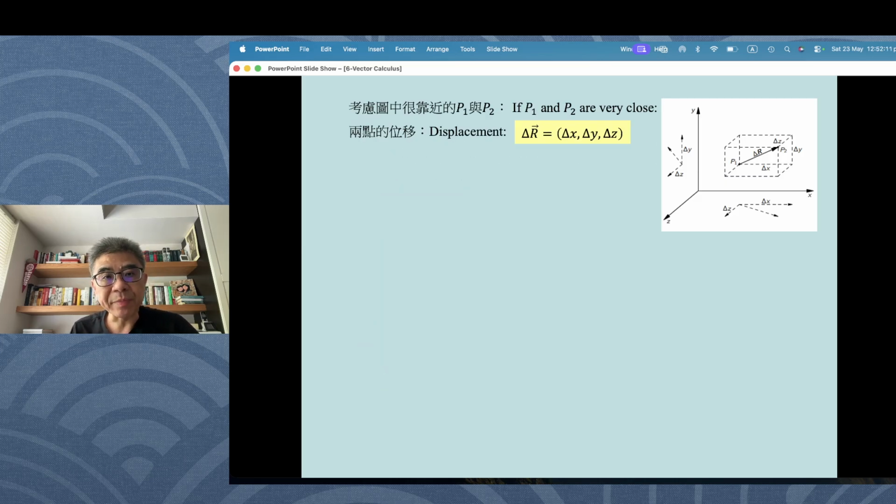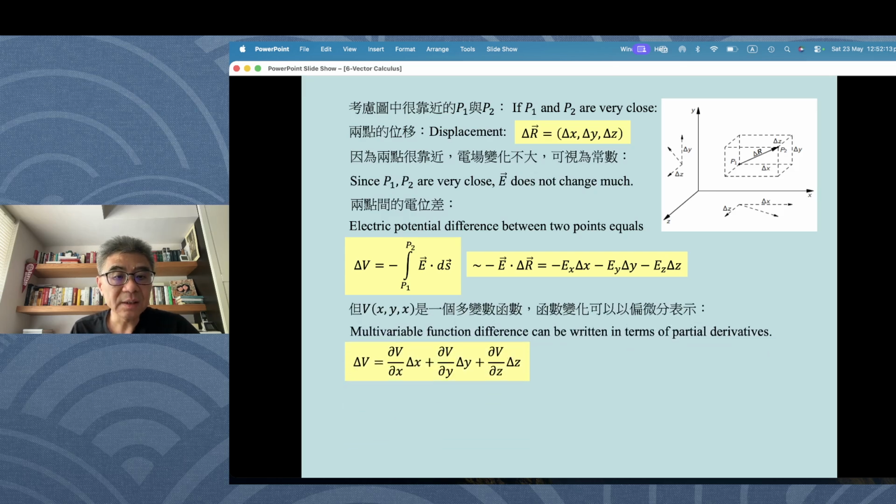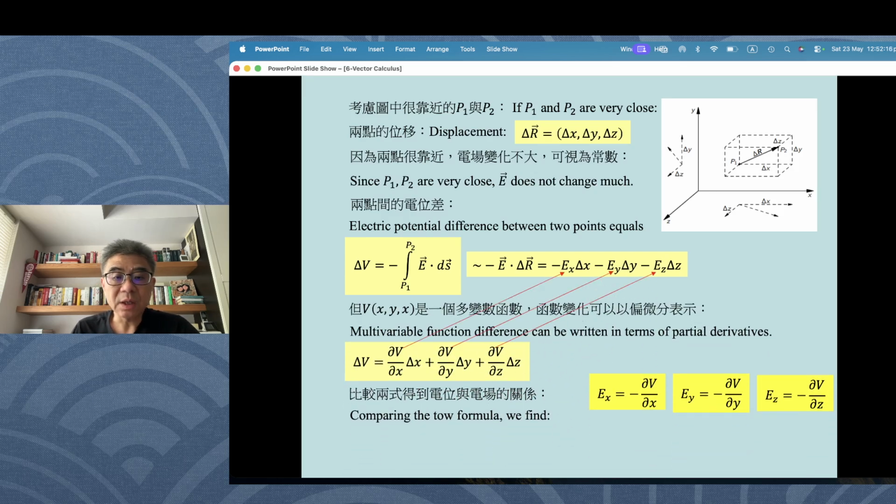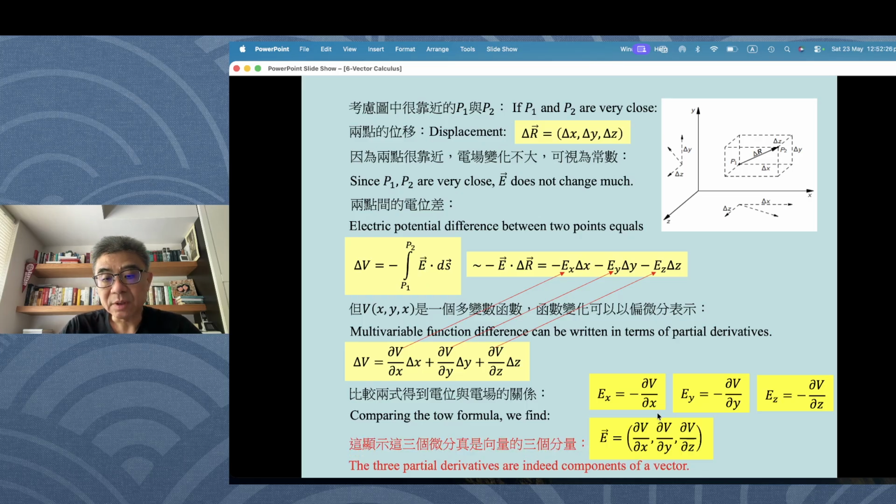So we derived that if we assume that the difference of electric potential equals the line integral of the electric field, then the electric field is equal to the vector of partial V partial x, partial V partial y, partial V partial z, formed using these three partial differentiations.